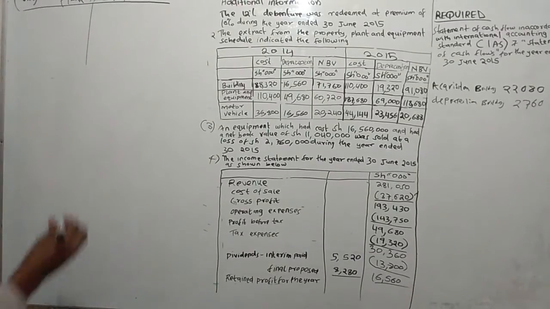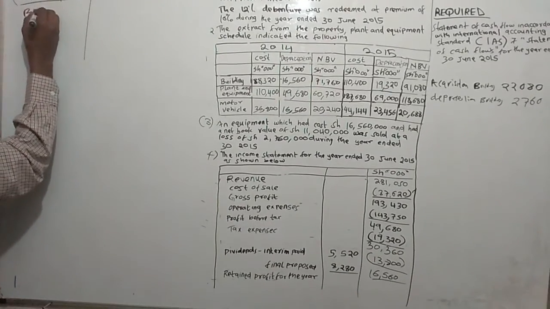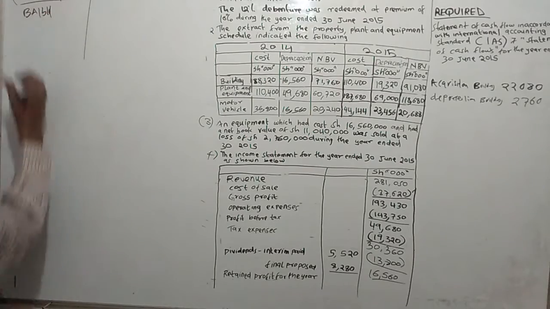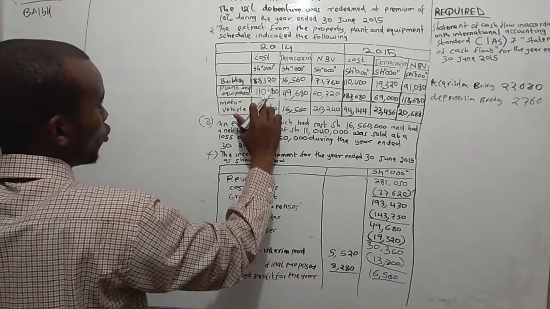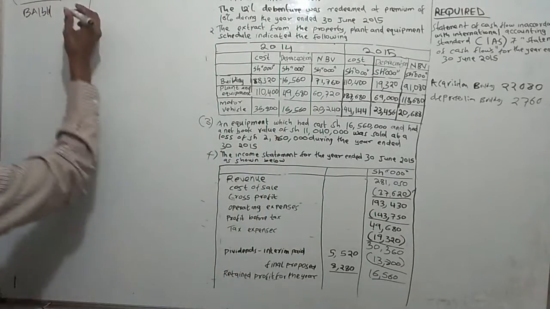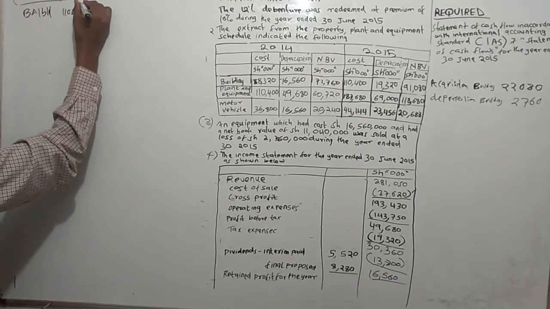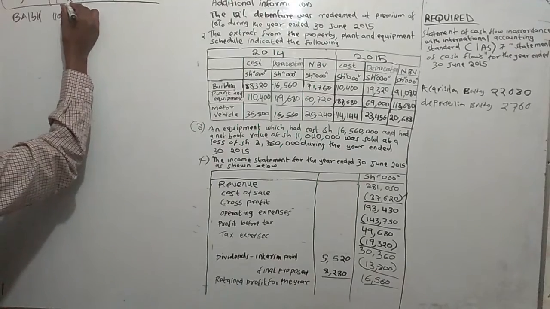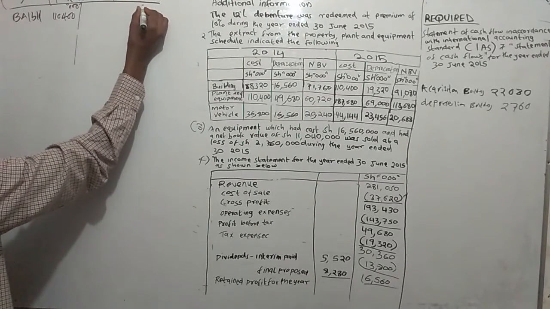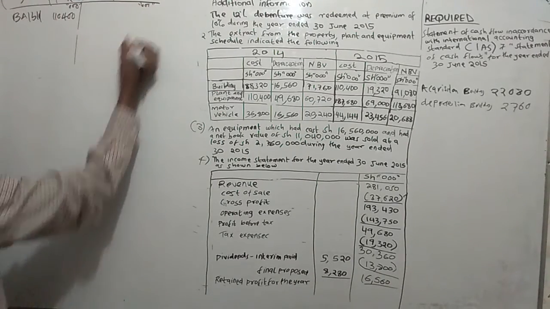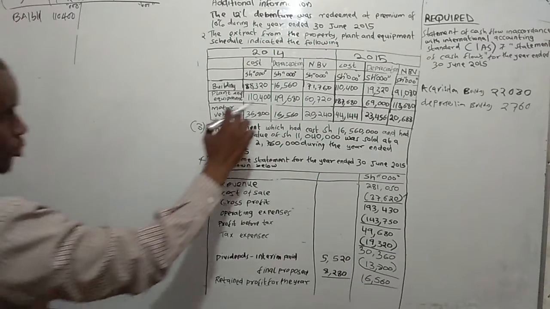Let's have this as an asset. So the balance brought down, we are given the amount as 110,400. Remember, the figures are in thousands. Don't forget that. 110,400 is the balance brought down.